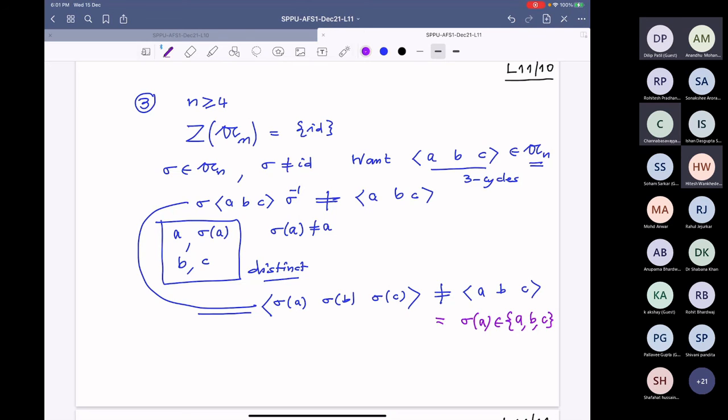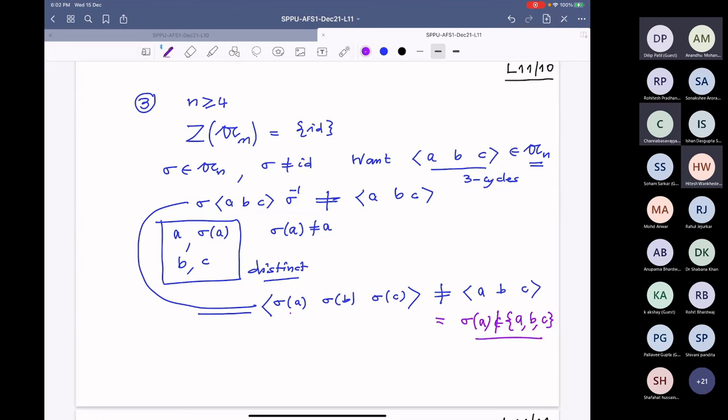But I have chosen these 4 elements different. Therefore, sigma A is not in ABC. This is not true. Therefore, this equality will not be true, because sigma A is moving here. And sigma A is given not identity, and this is different. And so on.